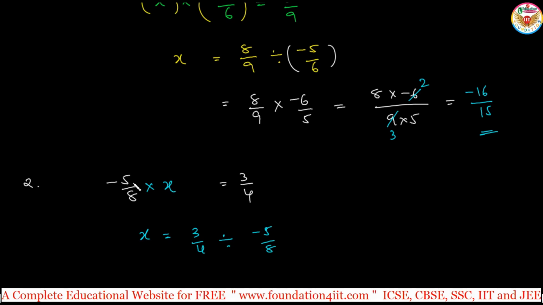If you take it to the right side, multiplication becomes division. Writing division as multiplication by the reciprocal, minus 5 by 8 becomes minus 8 by 5. Cancel: 4 ones are 4, 4 twos are 8. So 3 into minus 2 and 1 into 5 gives minus 6 by 5. This is the way we can do these division problems.